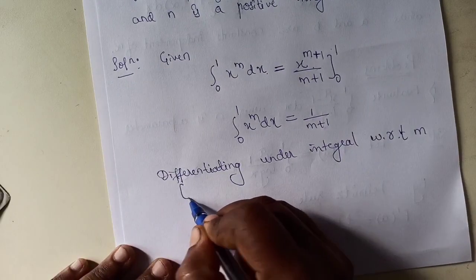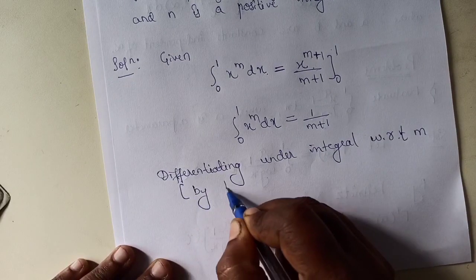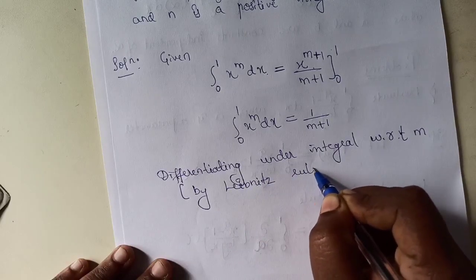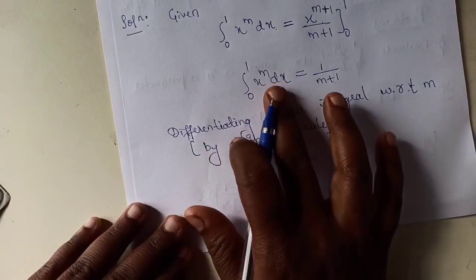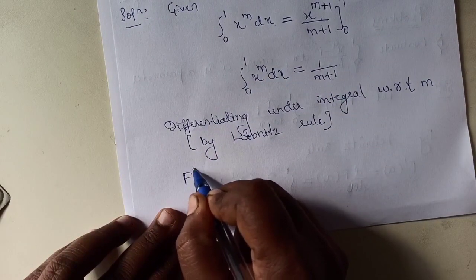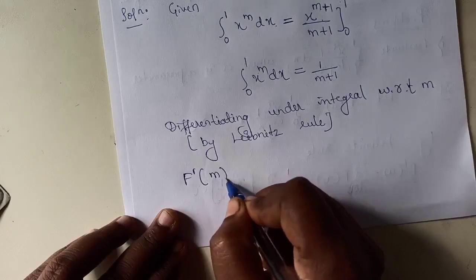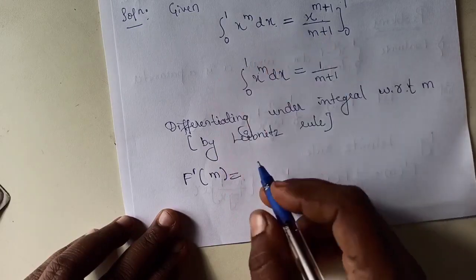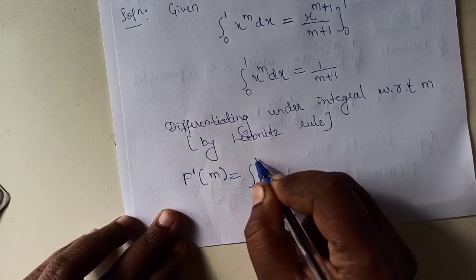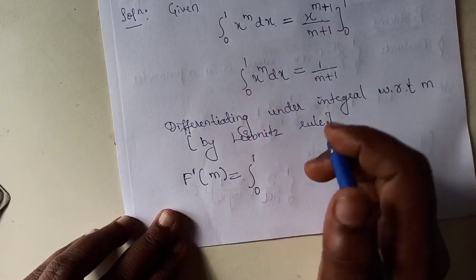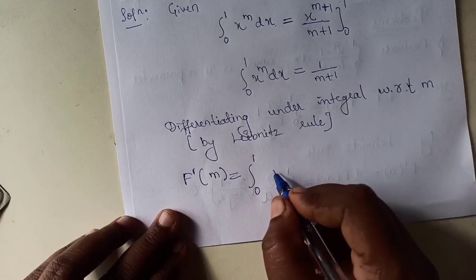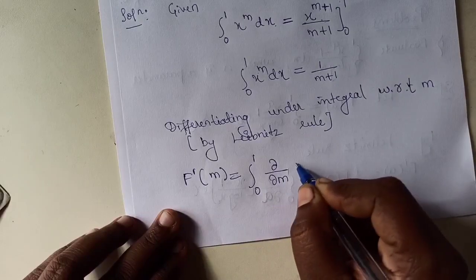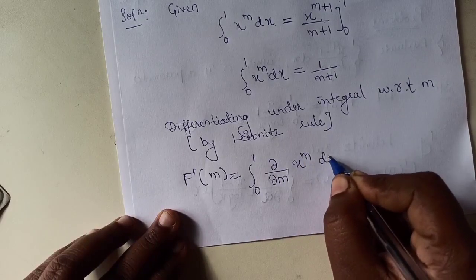So you can mention that by Leibniz rule, f dash of m is equal to, differentiation under the integral rule is that we keep this integral as it is, we consider the partial derivative of this one with respect to the parameter, so that is dou by dou m of x raised to m into dx.